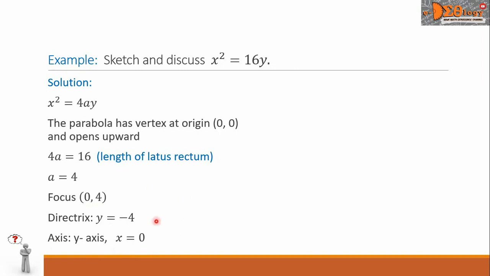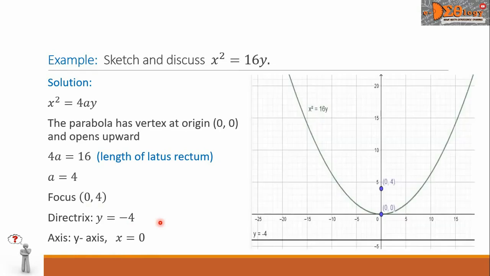Using these initial references, we can now draw the parabola. This is the parabola x squared equals 16y. This is the vertex at the origin, the focus at the point (0, 4). This is our line, the directrix, y equals negative 4.